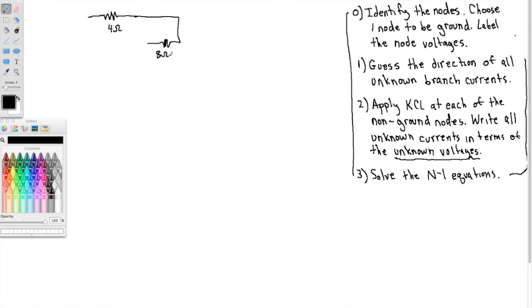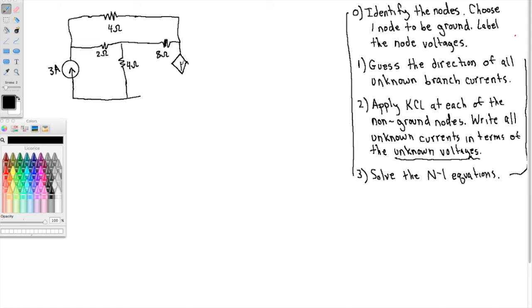8 ohms, 4 ohms, 2 ohms, and we'll have a current source here of 3 amps. And we're going to have a dependent current source here.